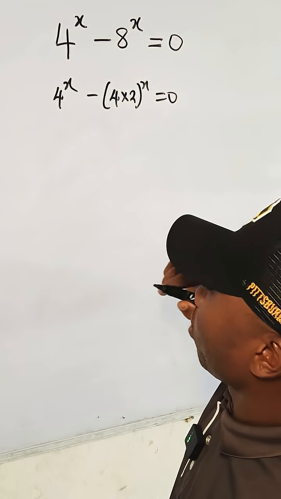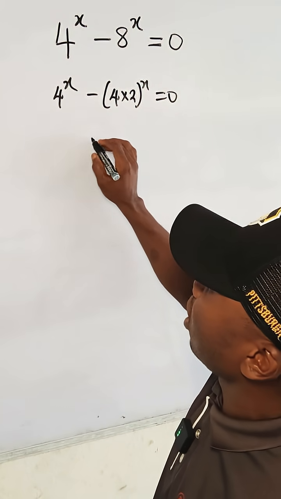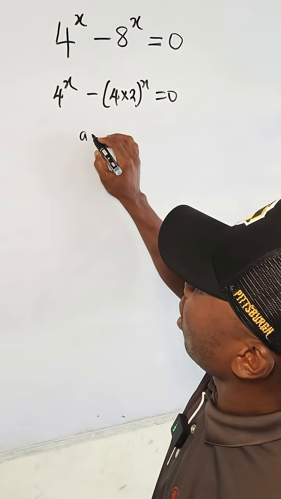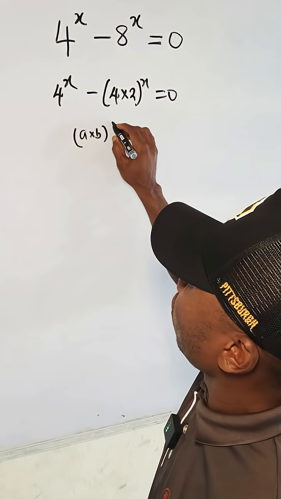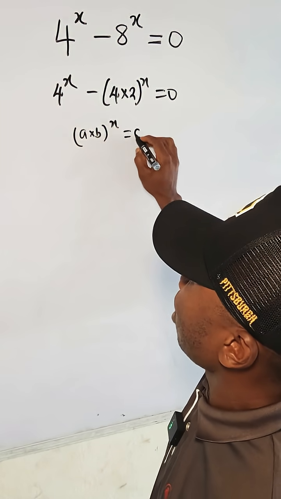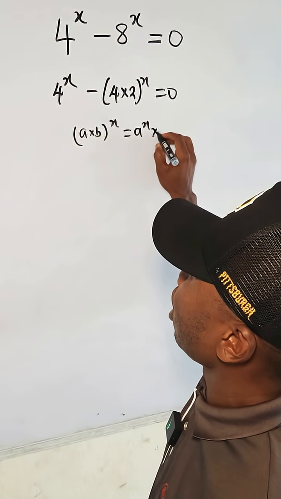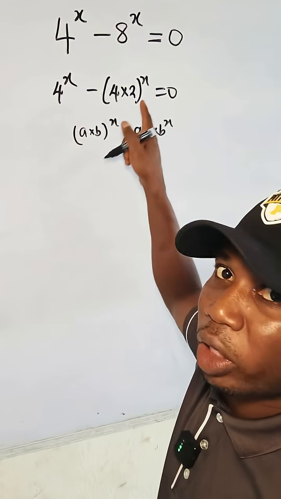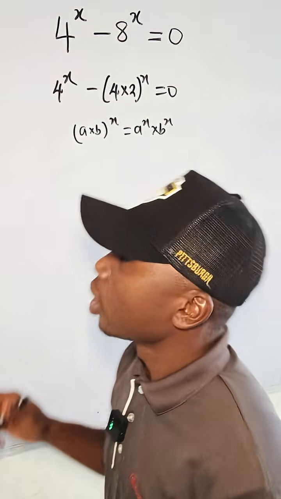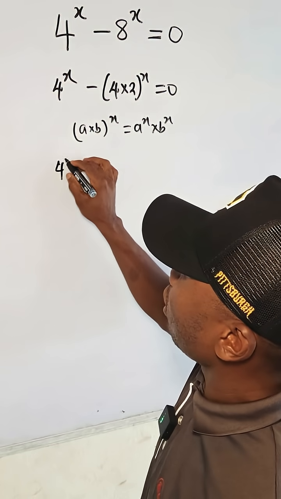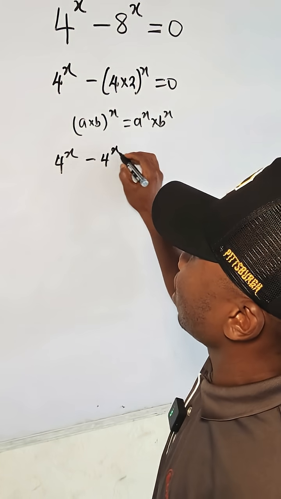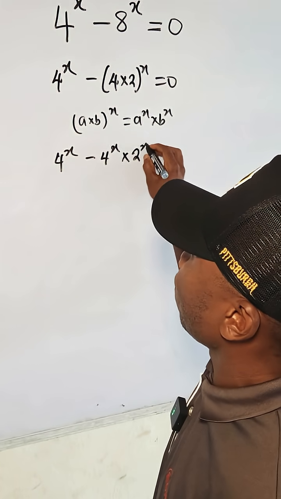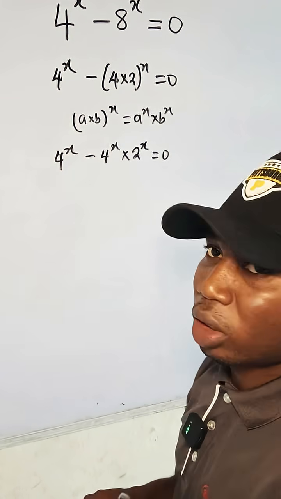Then we remember from laws of indices that if we have (a times b) raised to the power of x, it is the same thing as a raised to the power of x times b raised to the power of x. So if we apply that principle there, that means we have 4 raised to the power of x minus 4 raised to the power of x times 2 raised to the power of x is equal to 0. Is that okay?